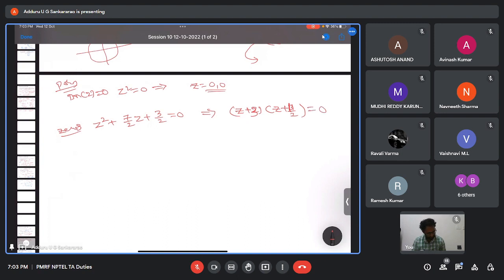So 3 times 1 by 2 is 3 by 2, yes. So z equal to minus 3 and z equal to minus 1 by 2.